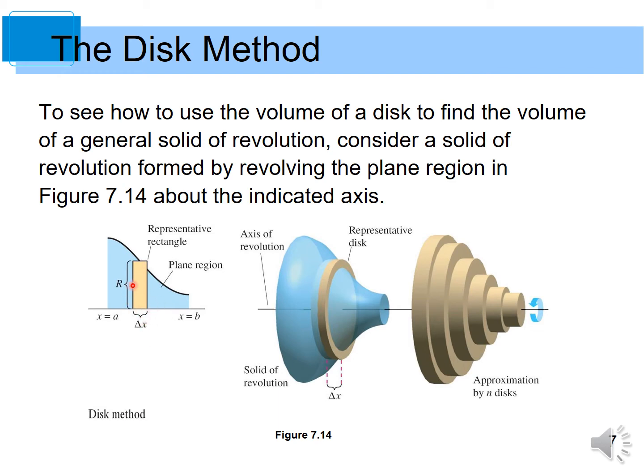The height of this rectangle is r, which represents the radius of this disk, and the width of the rectangle is delta x, which is also the width of the disk.